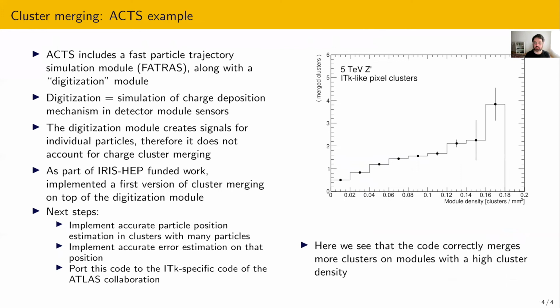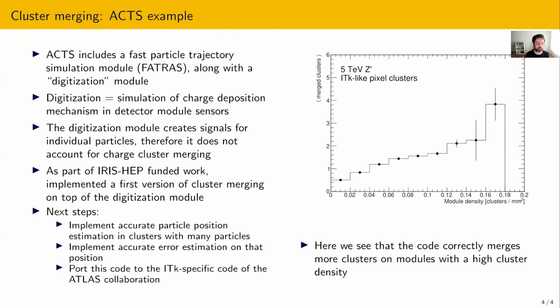Okay, so how do we account for that? In ACTS, we have a fast particle trajectory simulation module called FATRAS that takes particles generated by specific software and then simulates the energy deposits in the detector. On top of that, there's a digitization module which takes these energy deposits and turns them into discrete signals from sensors.